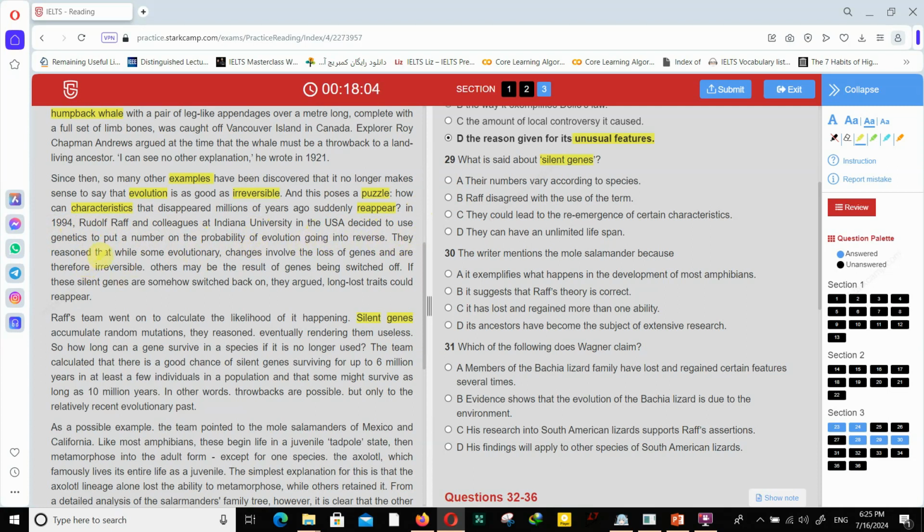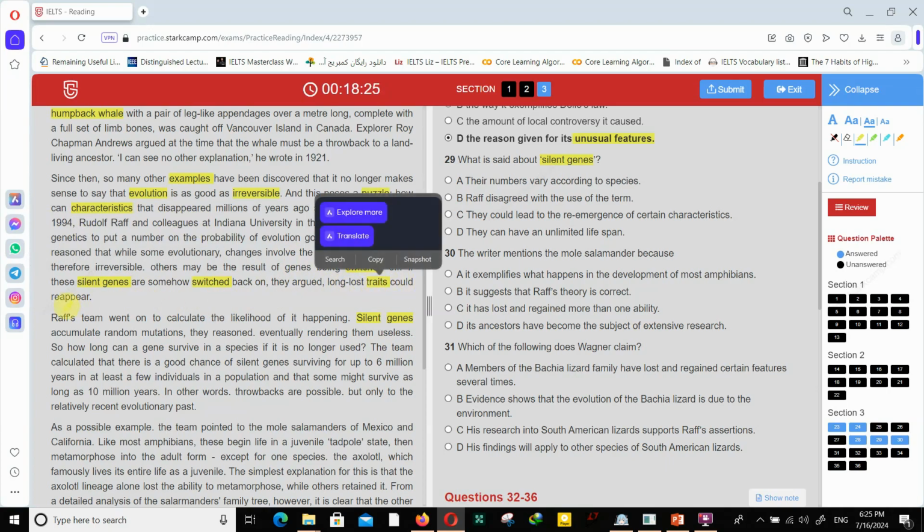They reasoned that while some evolutionary changes involve the loss of genes and are therefore irreversible, others may be the result of genes being switched off. If these silent genes are somehow switched back on, they argued, long-lasting traits could reappear.